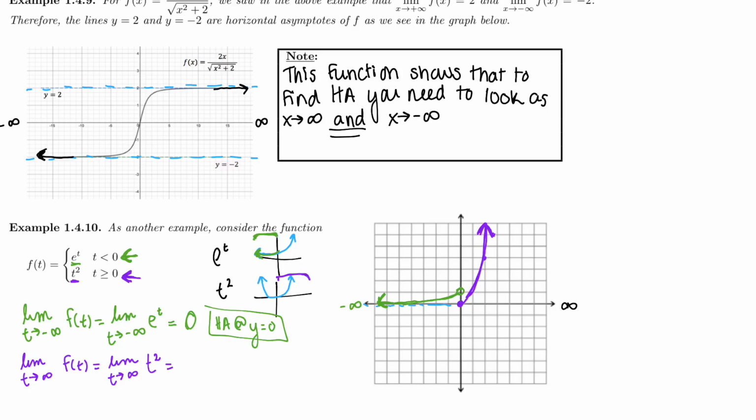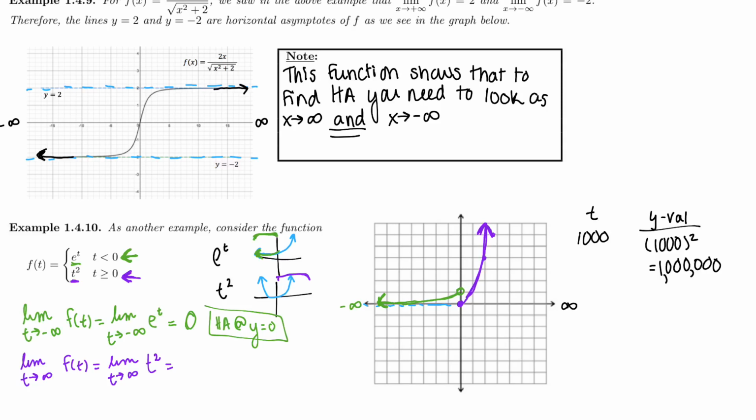If you plug in 1,000 to the function, if you put in the t value 1,000, the y value is 1,000 squared, which is going to have 6 zeros. You're going to get 1,000,000.